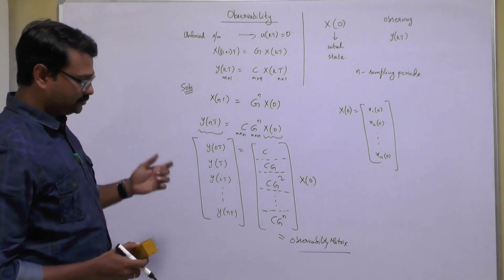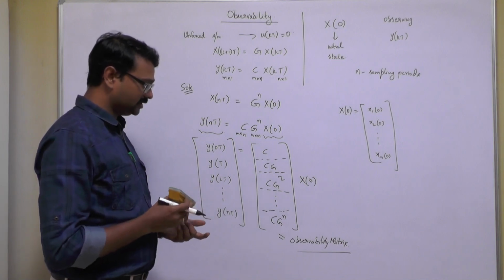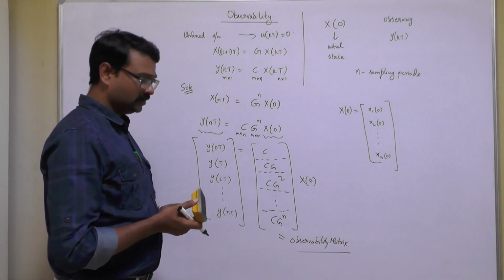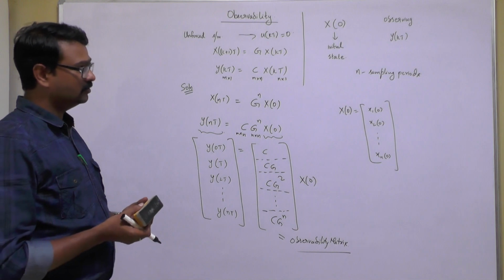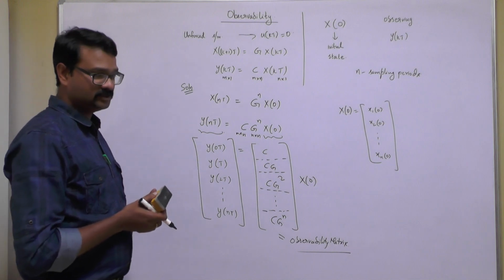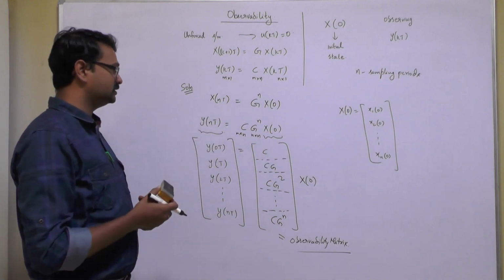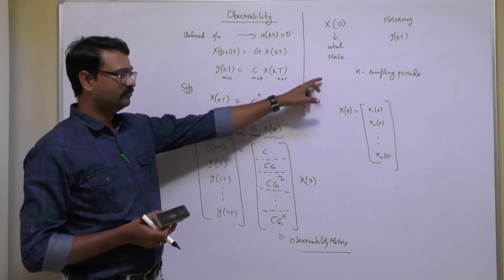Now, we have to work on this observability matrix and tell whether the system is completely observable or not. What is the meaning of observability? You need to determine the initial state of the system by observing the output of the system at different instances of time, but within a finite time period.